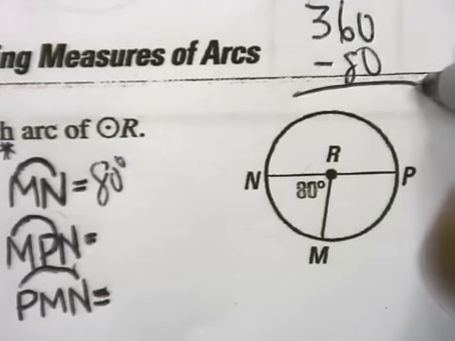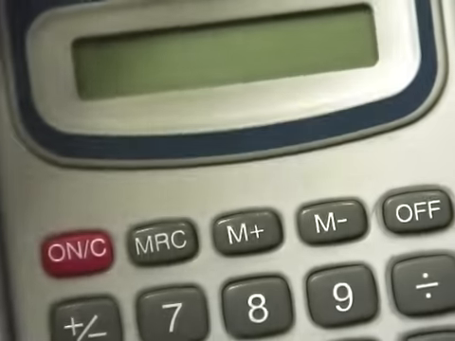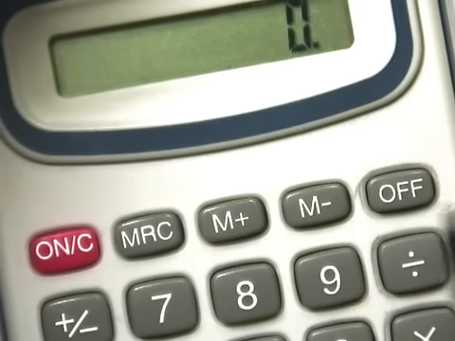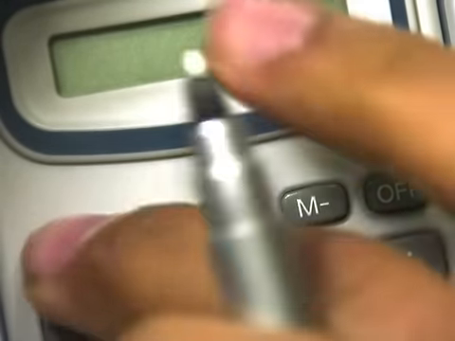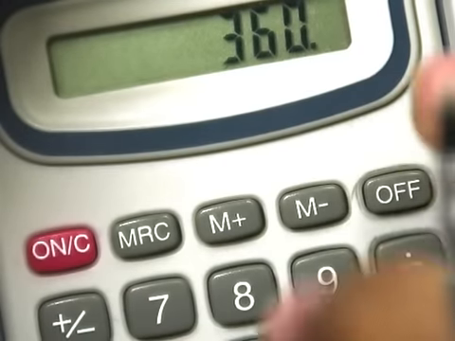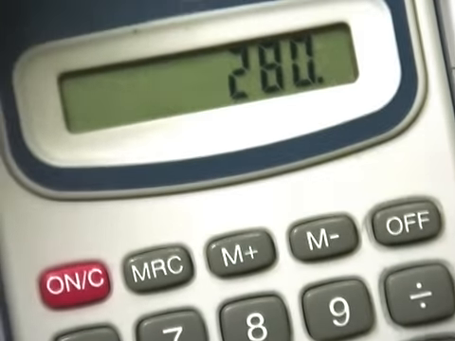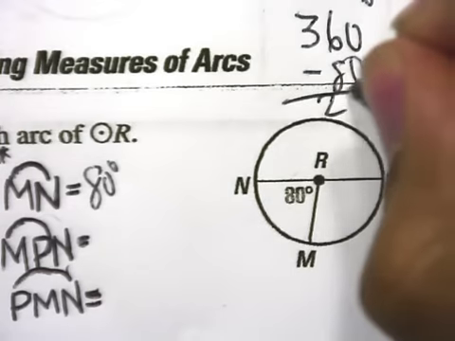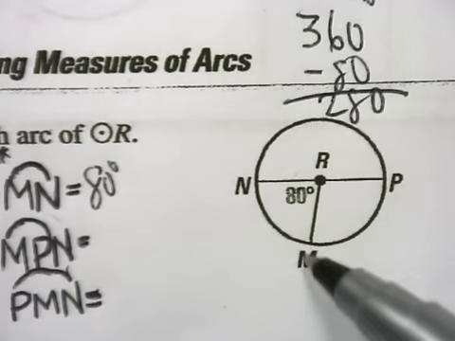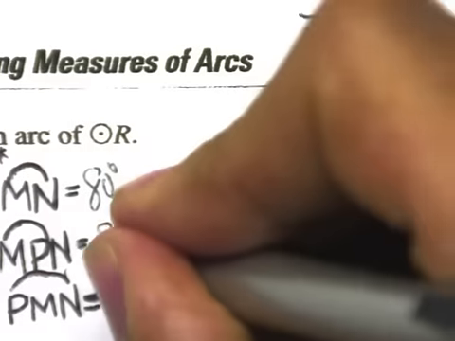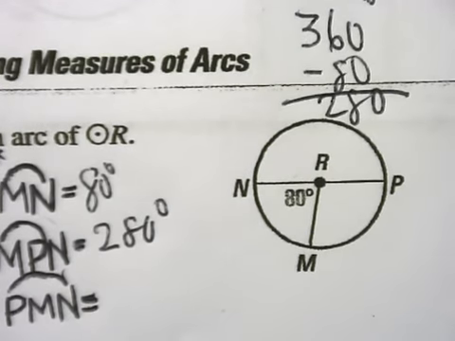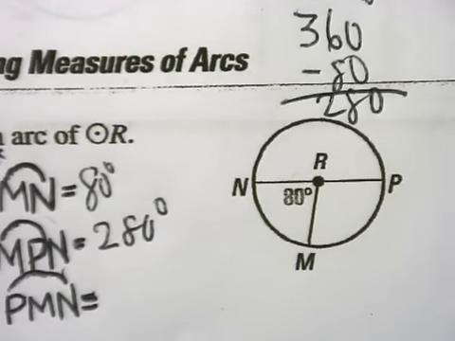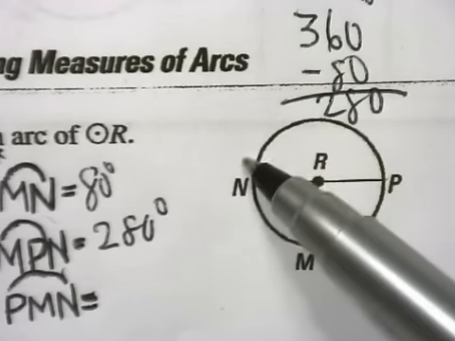So if the whole circle is 360 and this part is 80, how much is the rest? All we have to do is 360 minus 80, and that's going to give us 280 degrees. So the measure of arc MPN is going to be 280 degrees.